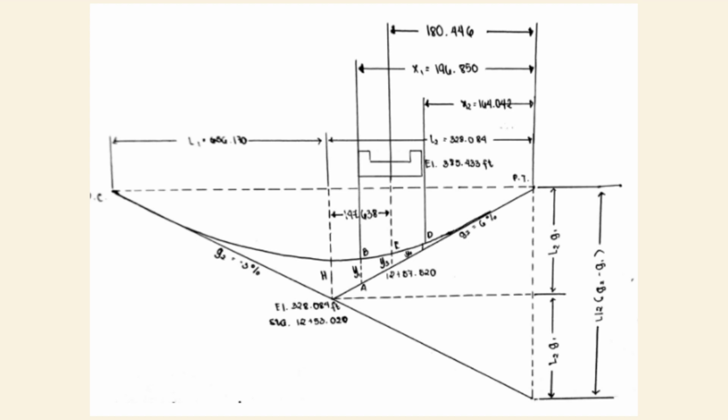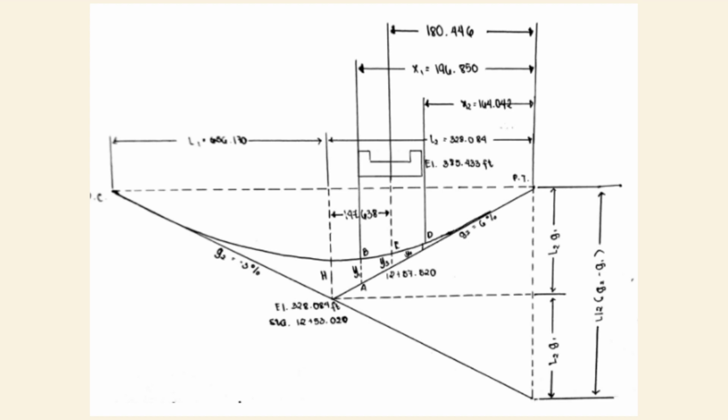So instead of 55 meters, we have 180.446 feet. Instead of x sub 1 being 60 meters, we now have 196.850 feet. Instead of x sub 2 being 50 meters, we now have 164.042 feet.